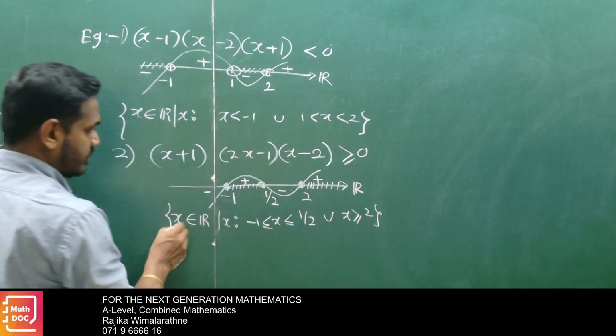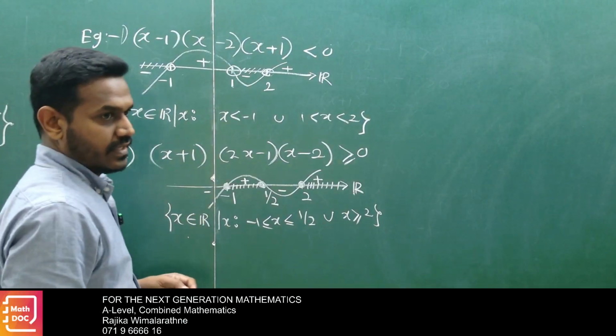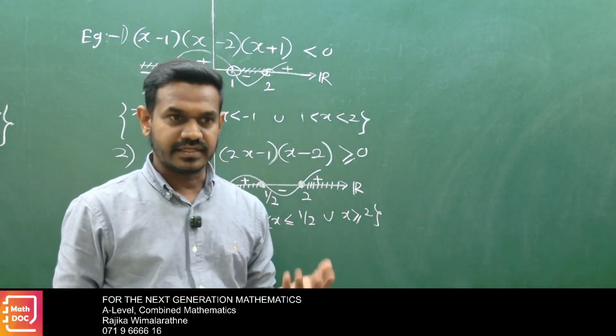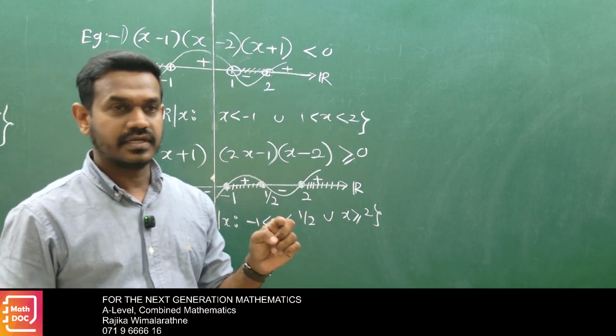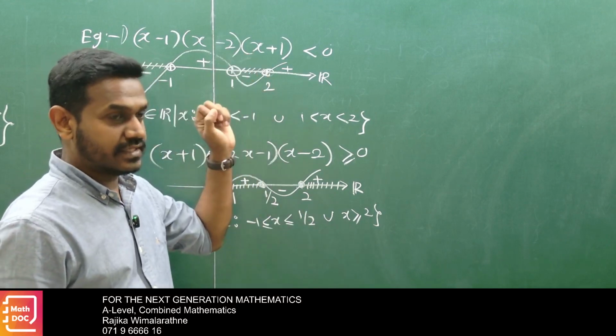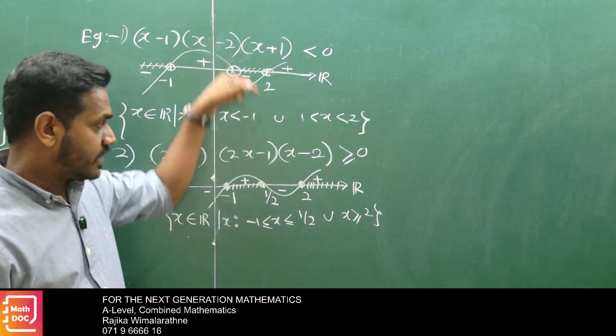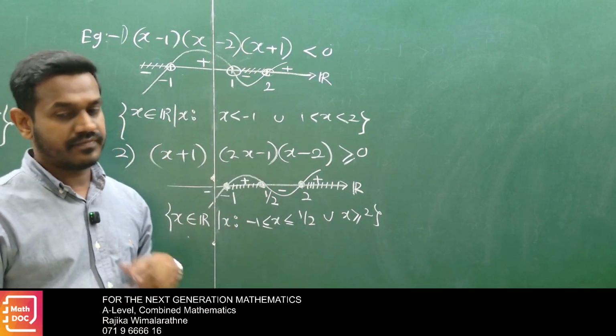That's how we do it. Evaluation of a polynomial inequality is a very simple thing, but you have to factorize the relation first. Okay, do these two examples.